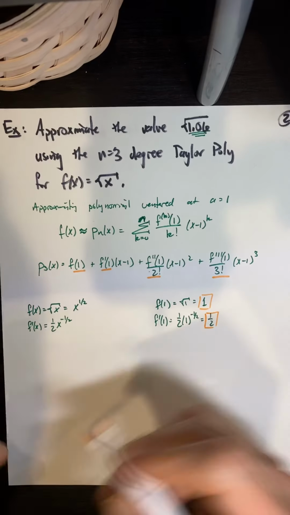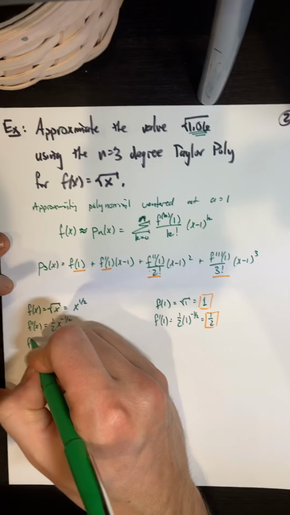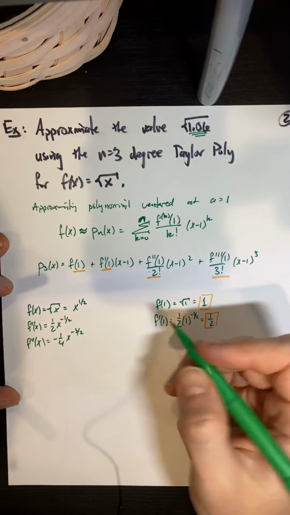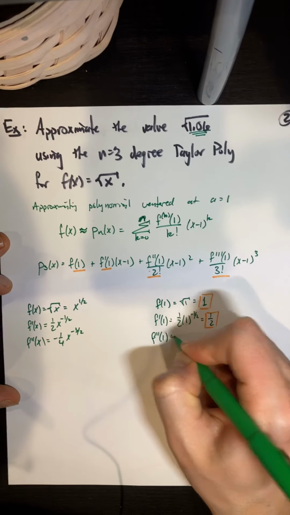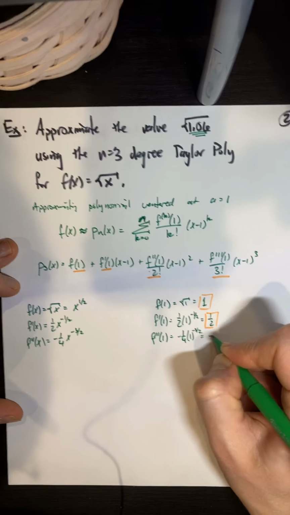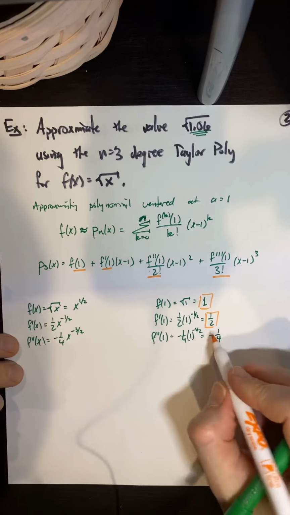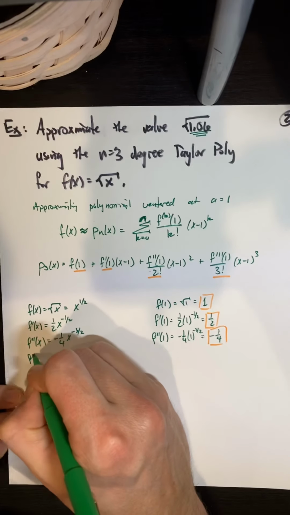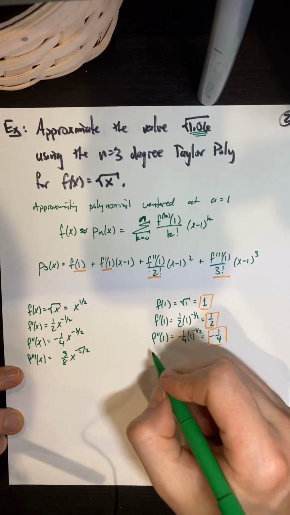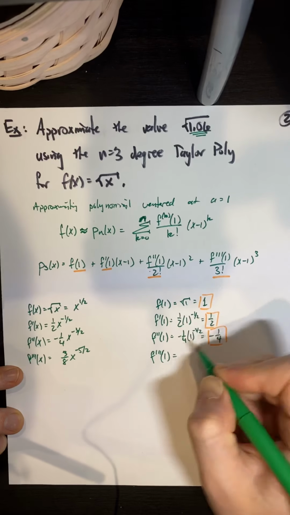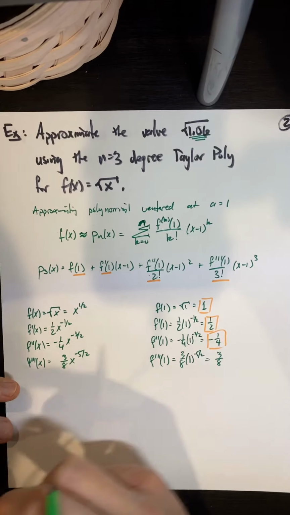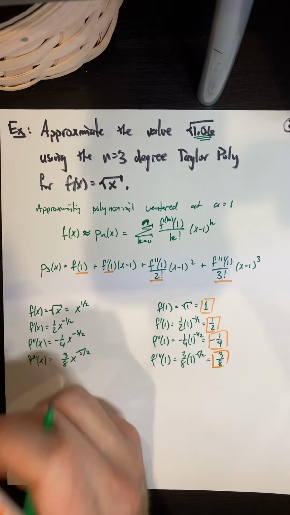Continuing on, we have f double prime of x. That would be negative 1/4 x to the negative 3/2 using the power rule. And f double prime of 1 then would be negative 1/4 times 1 to the negative 3/2, which is negative 1/4. And f triple prime of x would be positive 3/8 x to the negative 5/2. So f triple prime of 1 would be 3/8 times 1 to the negative 5/2, which gives me 3/8. Okay? So there are my 4 coefficients.